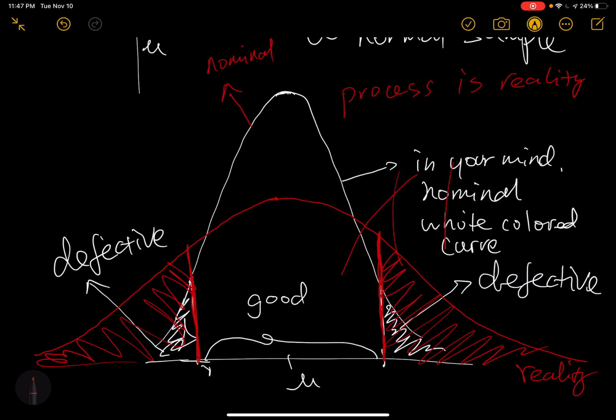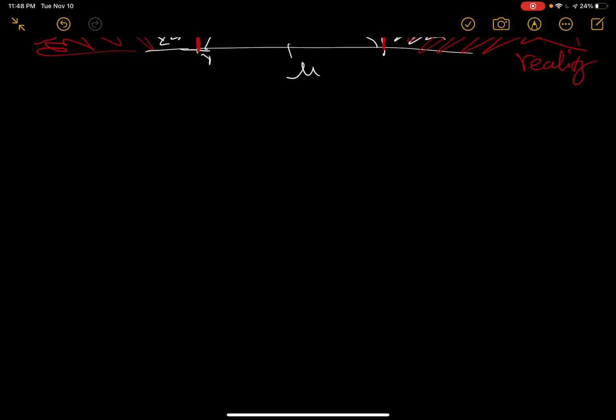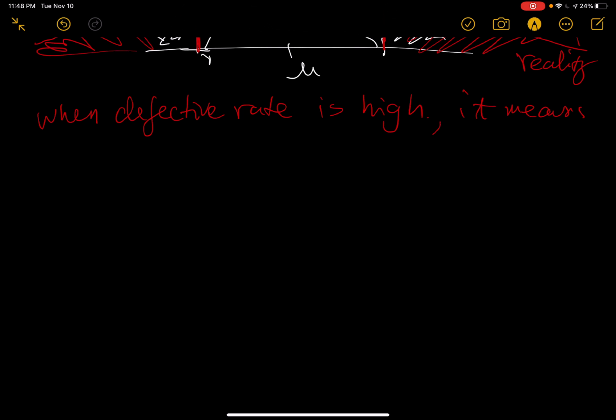To recap, let me write it out. When the defective rate is high, it means your output is not following the nominal distribution anymore.